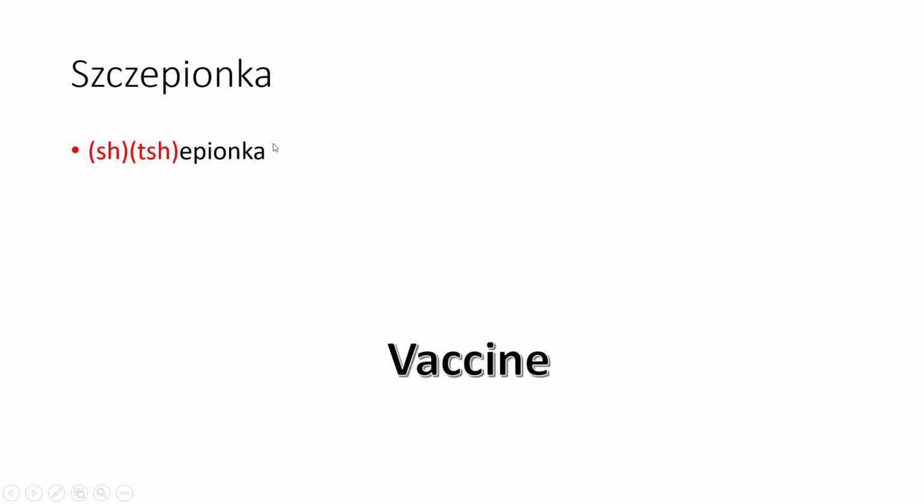So szczepionka. And with time, you will get used to saying szczepionka as if there's no SH here. I hope you get what I'm talking about. You can do this as a way. Otherwise, all you have to do is just pronounce each and every letter as it's supposed to be pronounced. So szczepionka, okay? Which means vaccine.